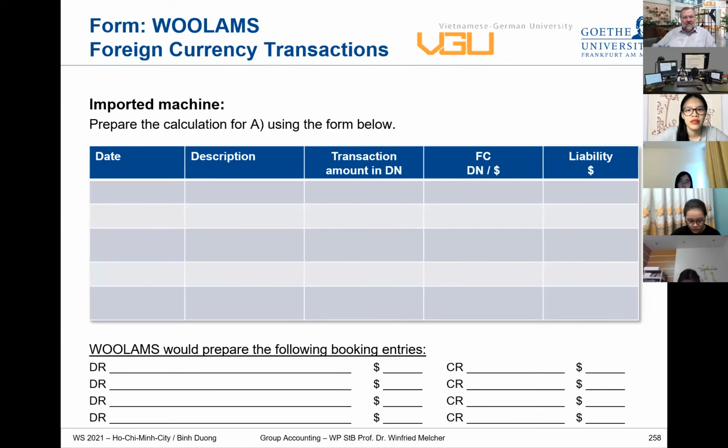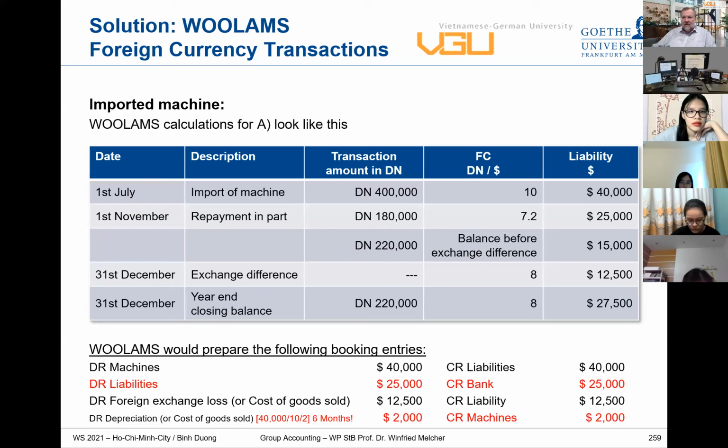So we're back from the breakout rooms, and what we did, we looked at the foreign currency transaction of the Willems firm. The first table should look like this. And I saw that a lot of you, with or without my help, came to the right conclusion. So we have a transaction here in foreign currency.